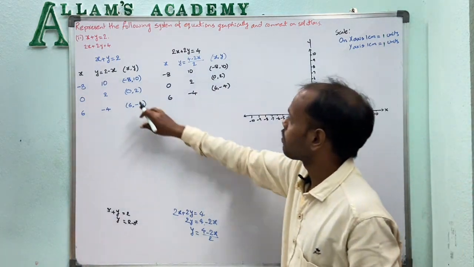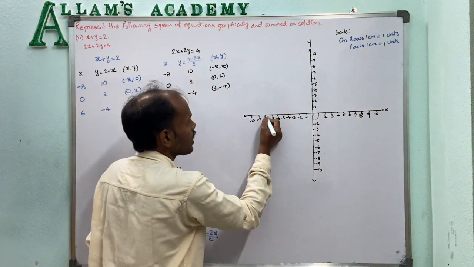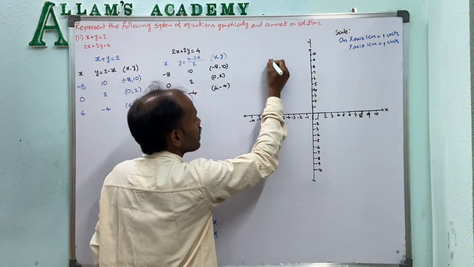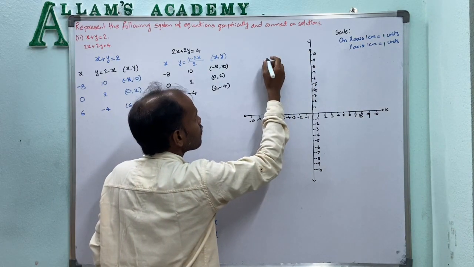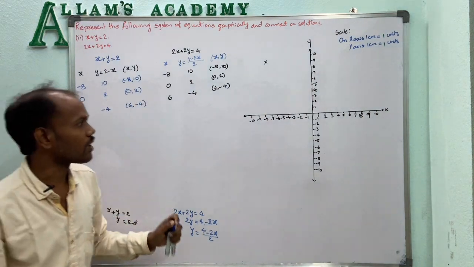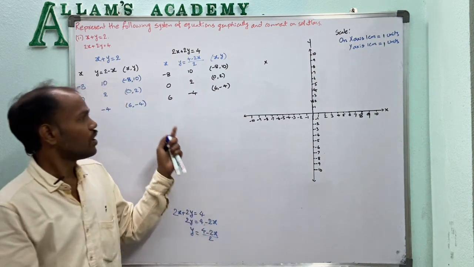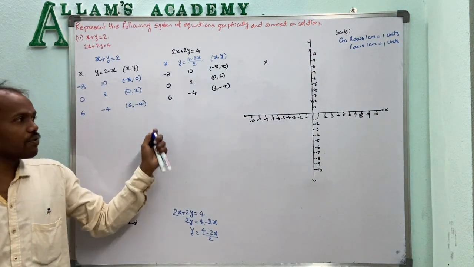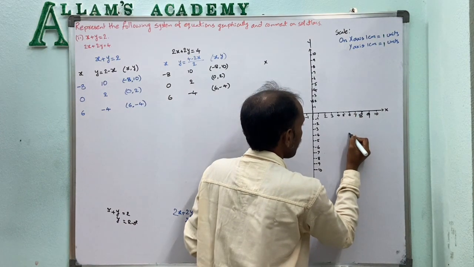Now locating the points: minus 8 to positive 10 there. Next, 0 to 2 there. Next, for 6, the corresponding y coordinate is minus 4 there.